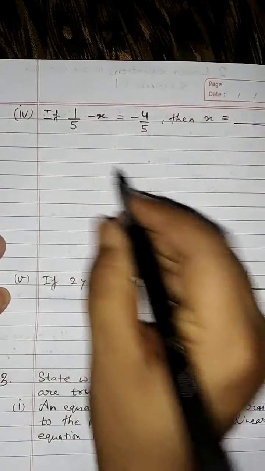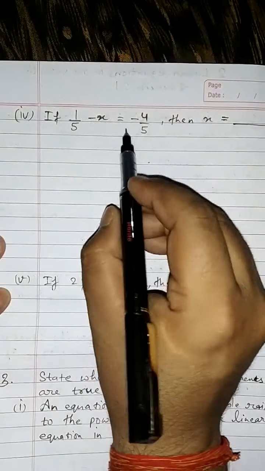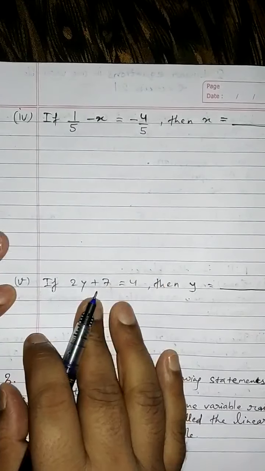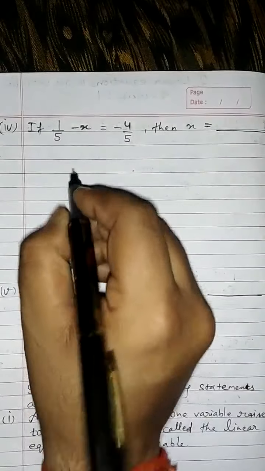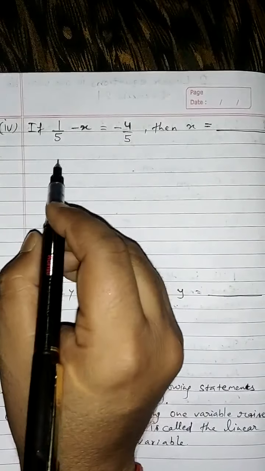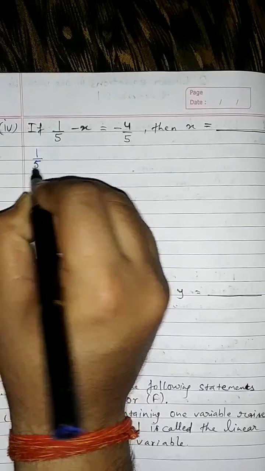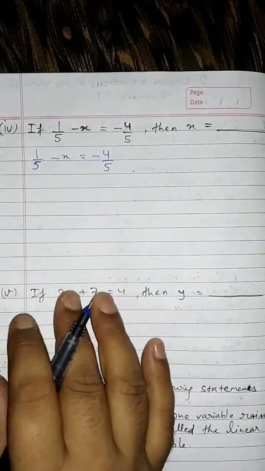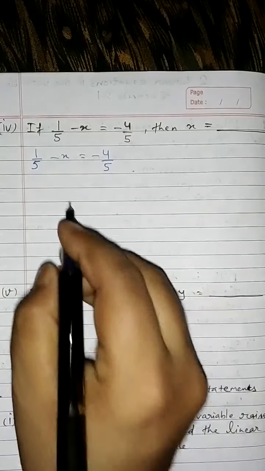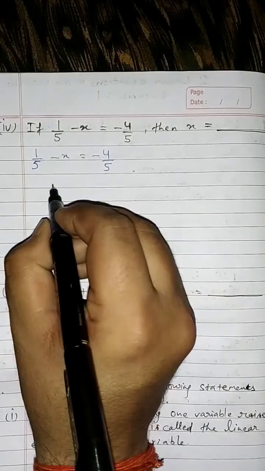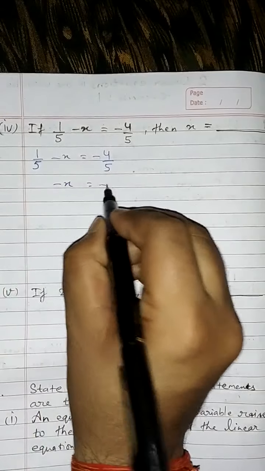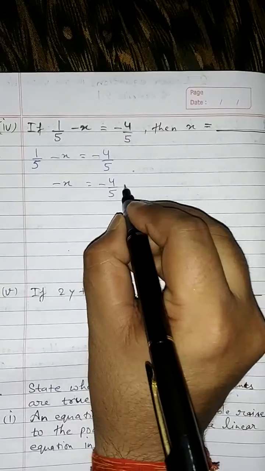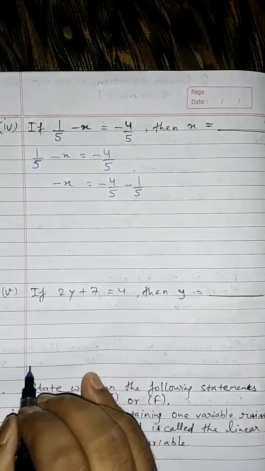Next is, if 1 upon 5 minus x is equal to minus 4 upon 5, then x is equal to. So students will first solve it. 1 upon 5 minus x is equal to minus 4 upon 5. This is the linear equation that we have to find the value of x here. X is in negative. This 1 upon 5, when it changes the side, becomes negative 1 upon 5.